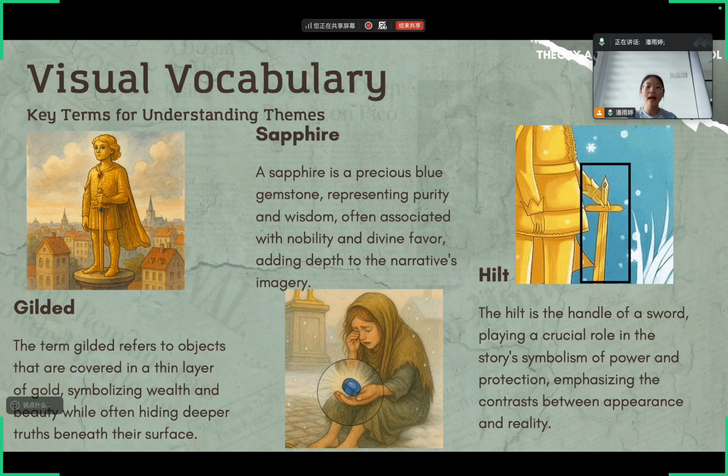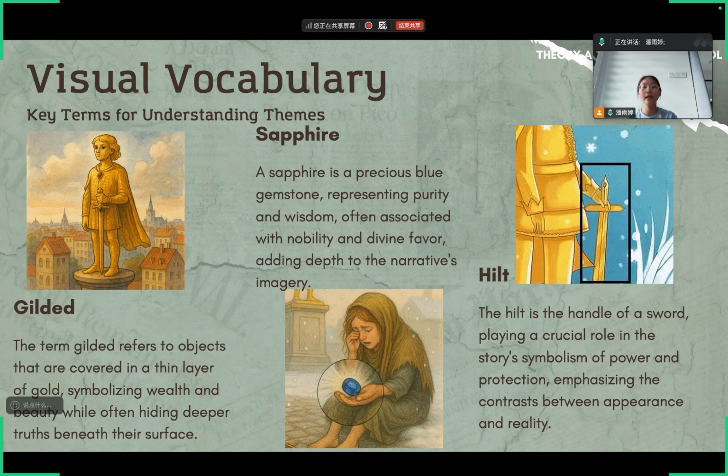By doing this, I am effectively activating their prior knowledge and creating the bridge into the story, ensuring that the incentive dimension is high because they feel prepared and confident to read. However, teaching vocabulary in isolation is not enough.